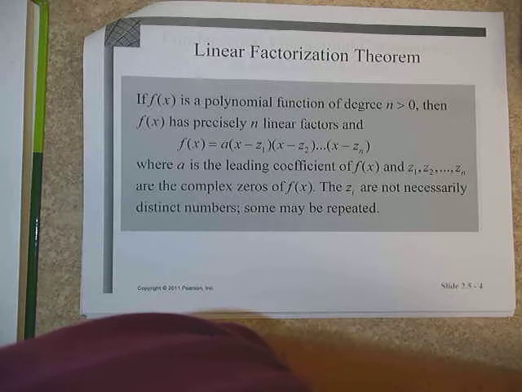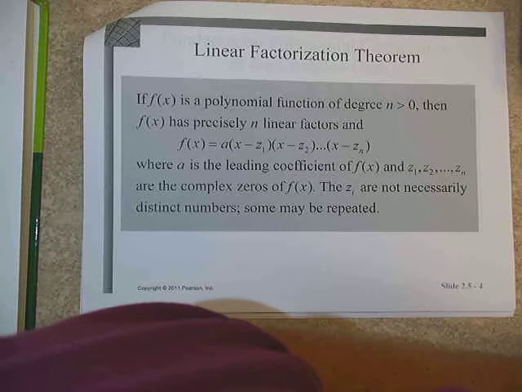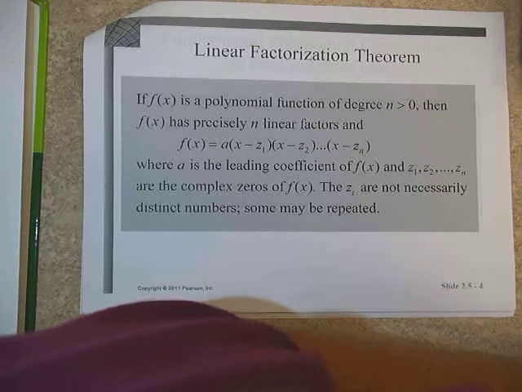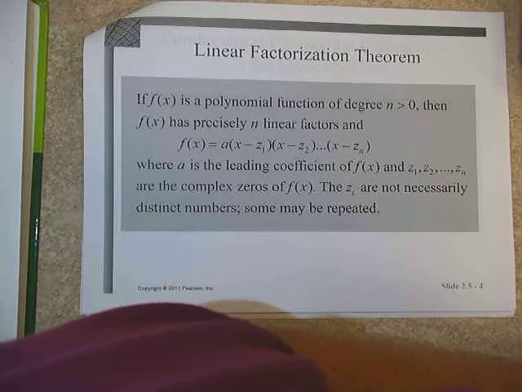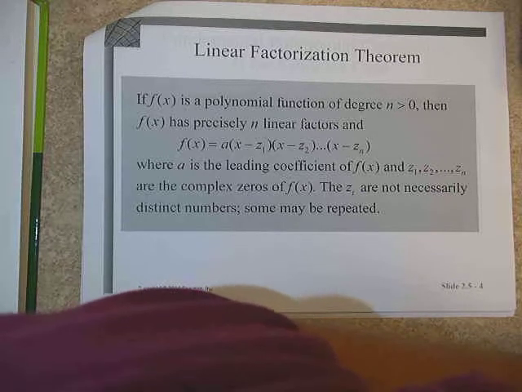It could be 5. It could be a -3, whatever it may be. These z1, z2, and so on are going to be the complex zeros of f. These z's are not necessarily distinct numbers. Some may be repeated. We've seen some that factor where maybe we have -2, 0, but it's got multiplicity 3. Those count for 3 when we're talking about how many.